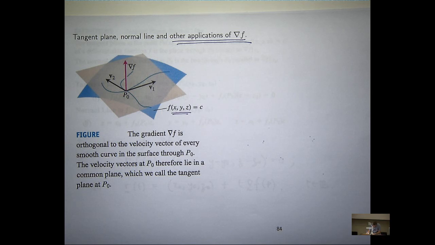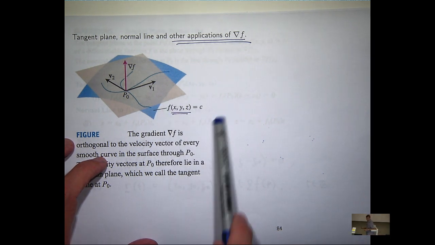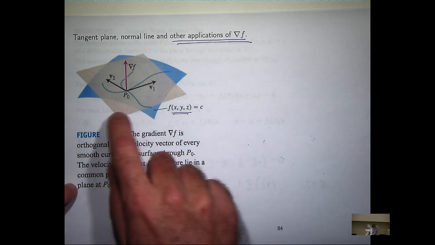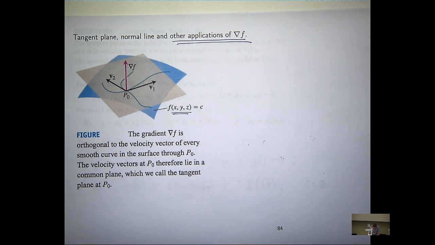Okay, so 2 important things. When we have a surface generated by this type of equation, you can always produce a normal vector to the surface just by calculating the gradient of f, grad f. That's important. That's stuff you can use. And secondly, we're going to look at this tangent plane a little bit more closely.